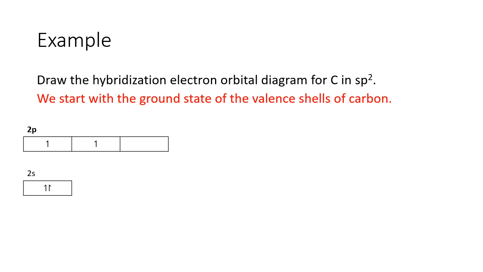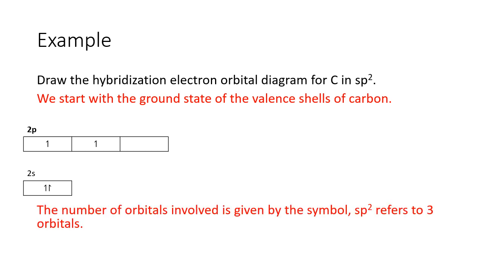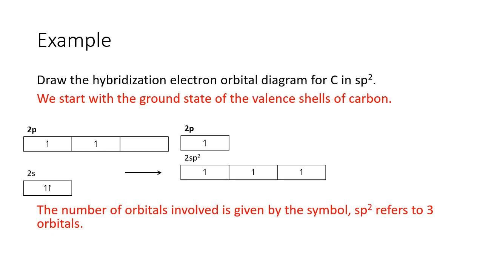In one, we have 3 sigma bonds and 1 pi bond, and in the other, we have a lone pair and 2 sigma bonds. In the first case, once we hybridize, the orbitals will each have 1 electron, each of the sp2s and in the 2p that is remaining. And they're all spin up.